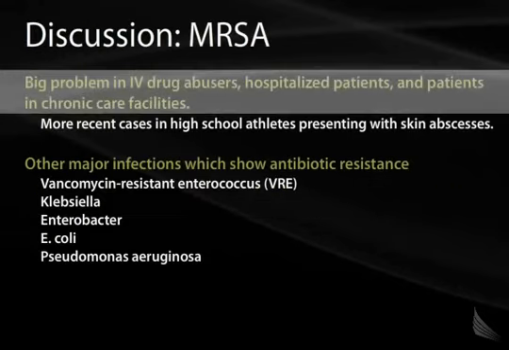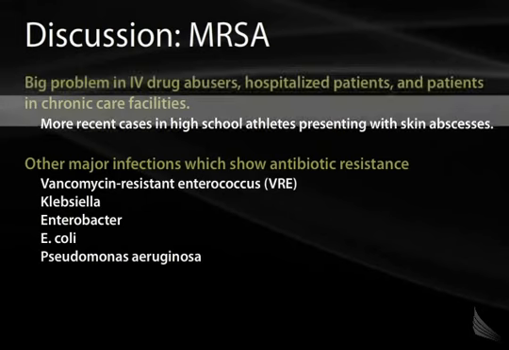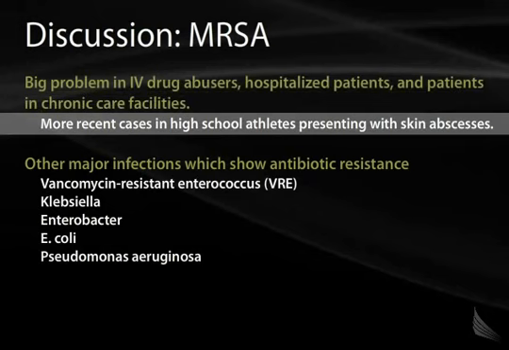Again, MRSA is a big problem in intravenous drug abusers because it's transmitted through the bloodstream. It's also seen in hospitalized patients and patients that live in chronic care facilities. There are recent cases of high school athletes presenting with skin abscesses that contain MRSA. There is more methicillin-resistant Staph aureus present in the outpatient setting than in the inpatient setting.